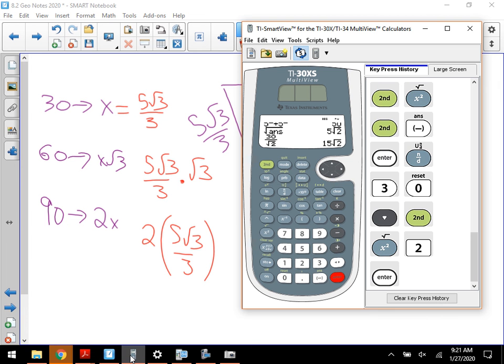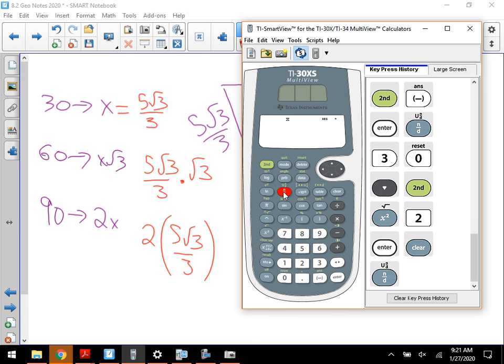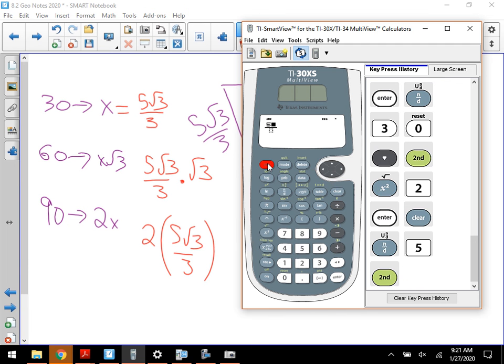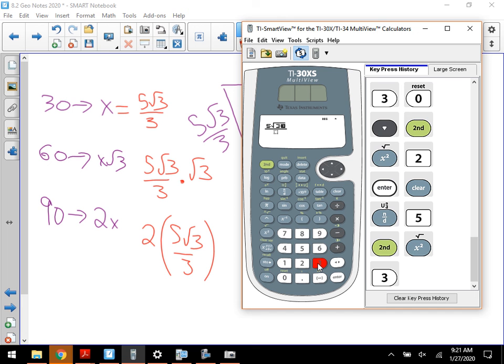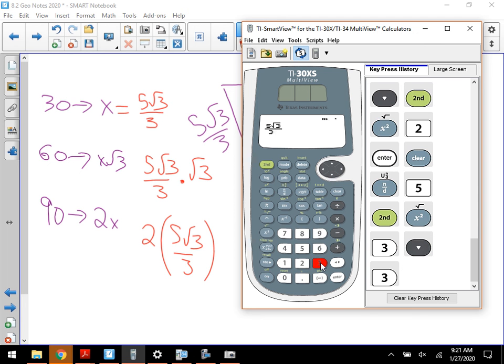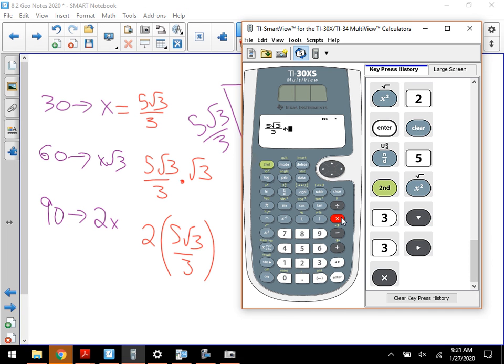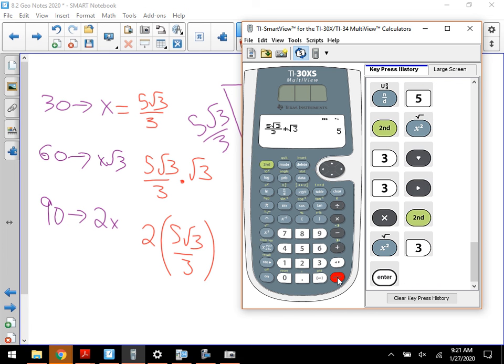So if I go to my calculator, fraction bar, 5 root 3, arrow down, over 3, arrow to the right, times square root of 3. Okay, 5. That means across from the 60 is 5.